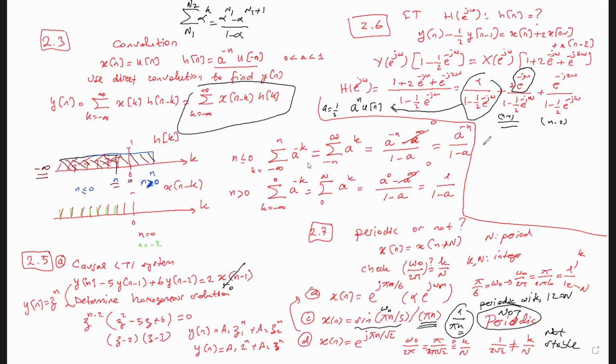Then I can write the output as 1 over 2 to the power n, u of n, this is the first term, plus the second term, there is going to be a 2 here, so 1 over 2 to the power n minus 1, u of n minus 1, plus 1 over 2 to the power n minus 2, u of n minus 2.